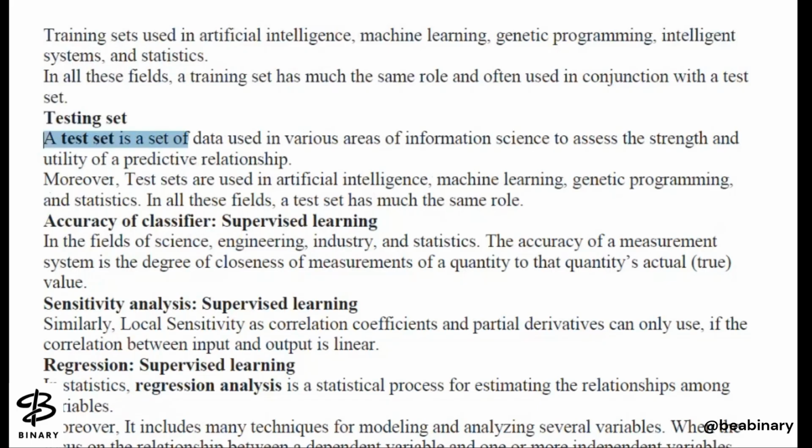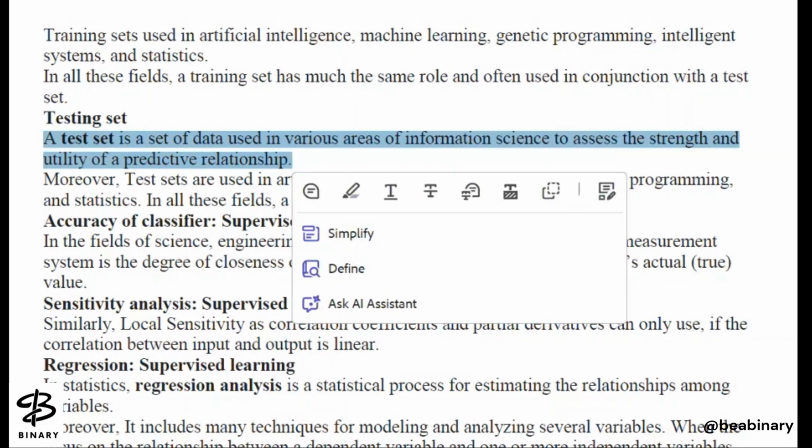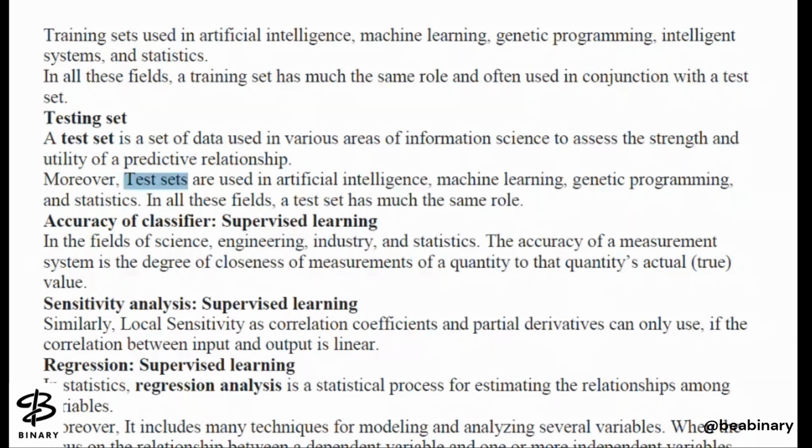A test set is a set of data used in various areas of information science to assess the strength and the utility of a predictive relationship. Moreover, test sets are used in artificial intelligence, machine learning, genetic programming, and statistics. In all these fields, test sets have much the same role as we have talked about in the training set.